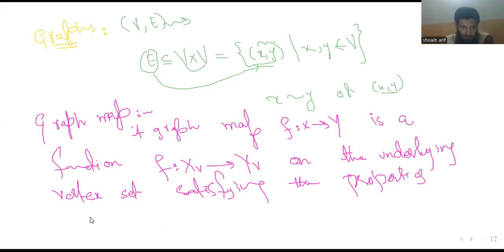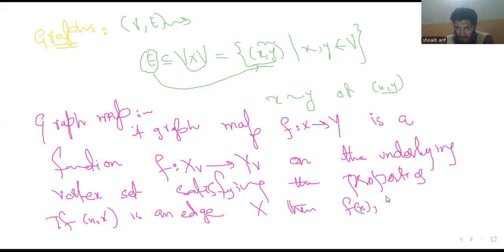So if x comma x dash is an edge in graph X, then f of x and f of x dash are an edge in Y, belonging to the edge set of Y, or f of x is equal to f of x dash.